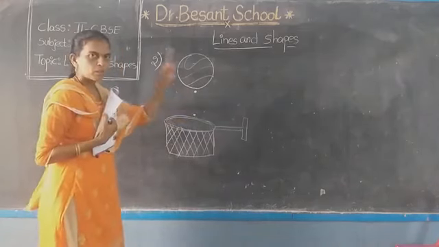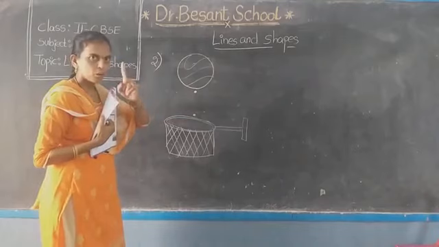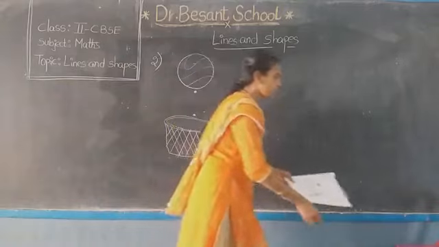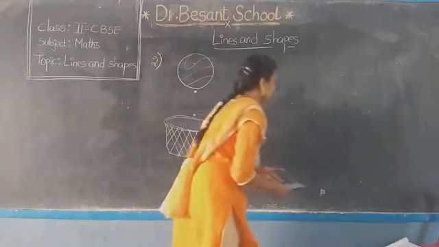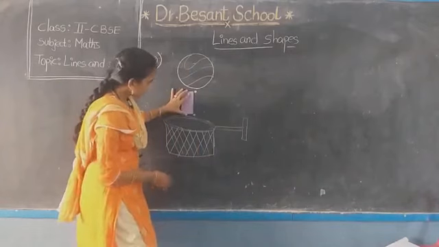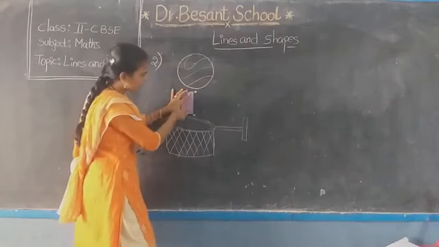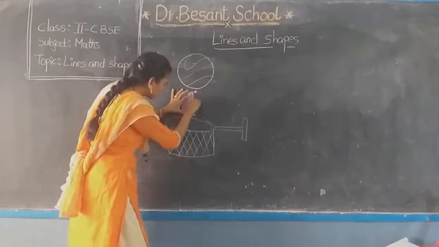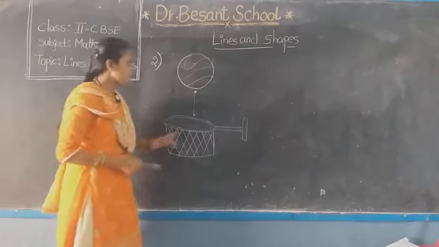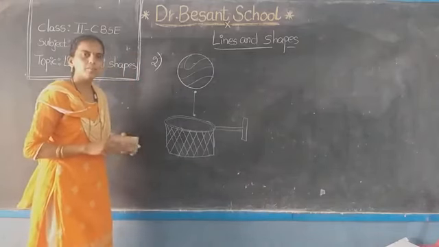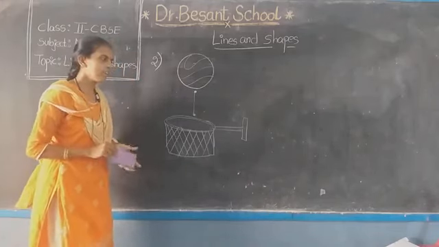Now, holding your scale, keep it here like this. I'll show you. You have to hold the scale like this. It should connect these two points. So you have to join these two. See how straight I have drawn? Like that you have to draw in your book. Draw, children.